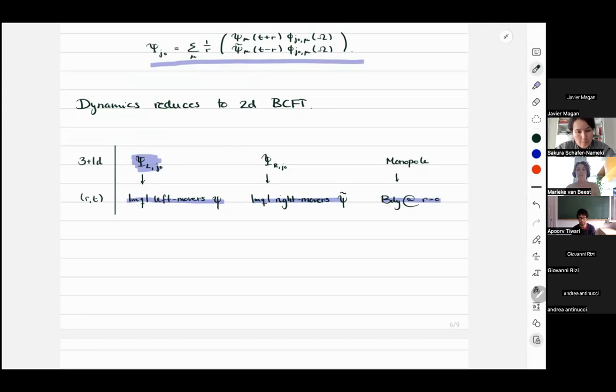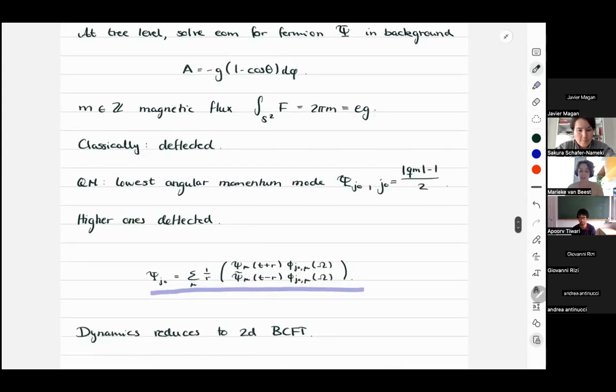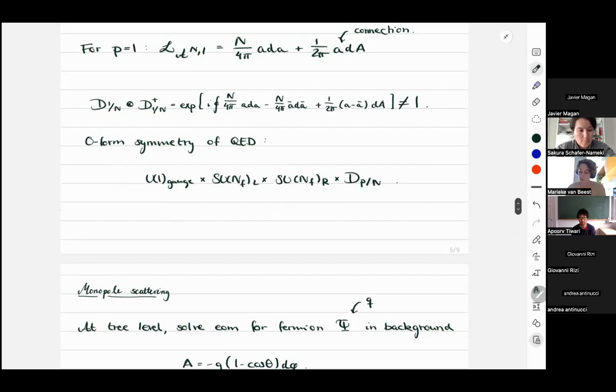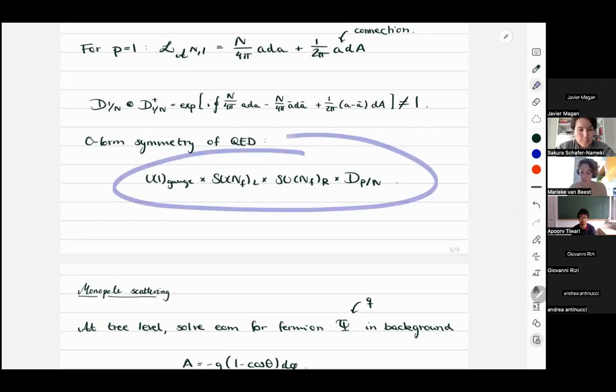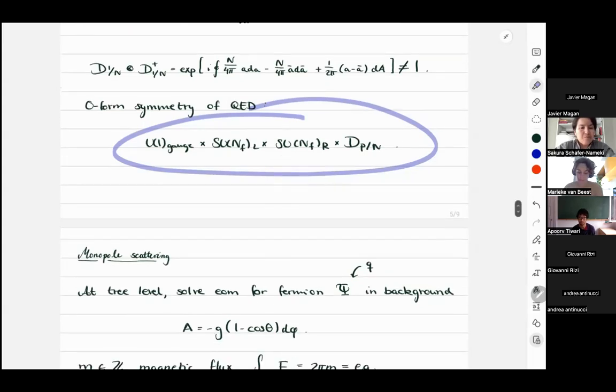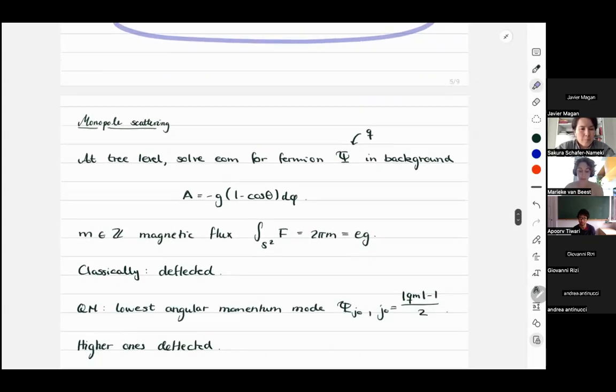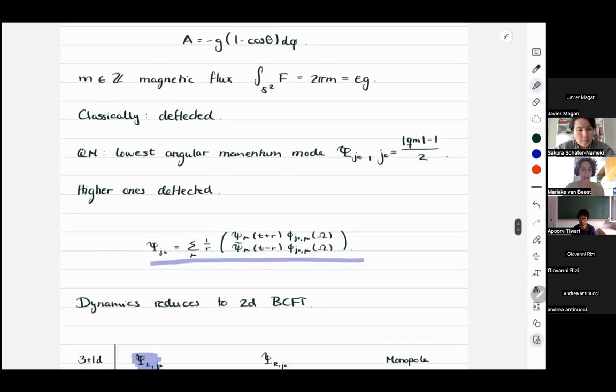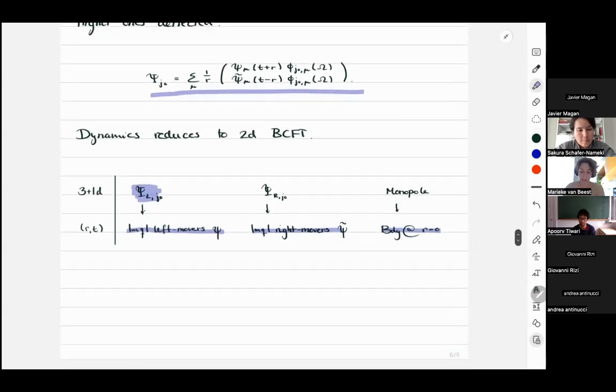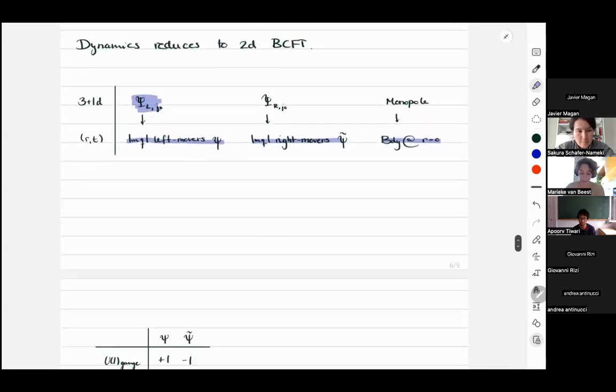So in particular, we can't have a 2-group. So we're going to see that the symmetry that is preserved by the monopole is the part of the full symmetry of QED which does not participate in the 2-group. And that turns out to be equivalent in the 2D theory to not having any 't Hooft anomalies and being consistent with the insertion of a boundary.